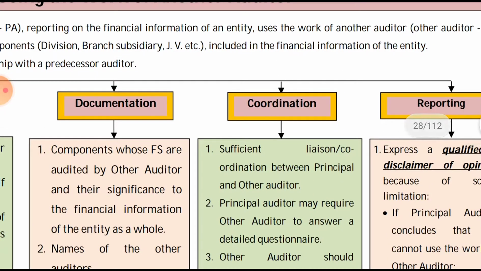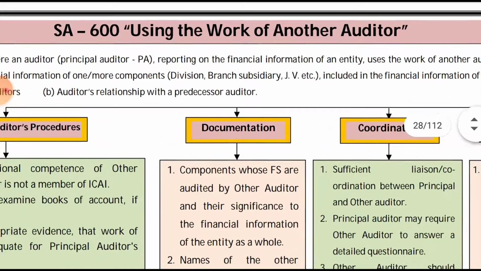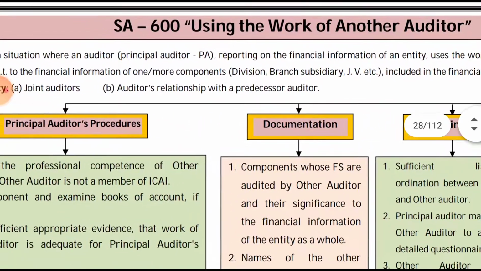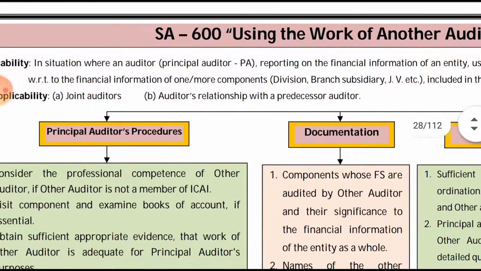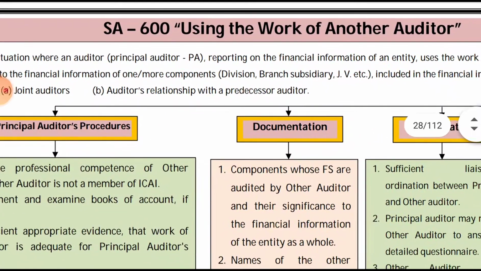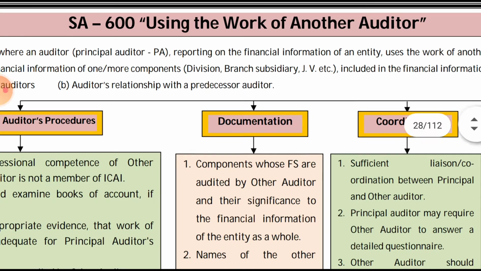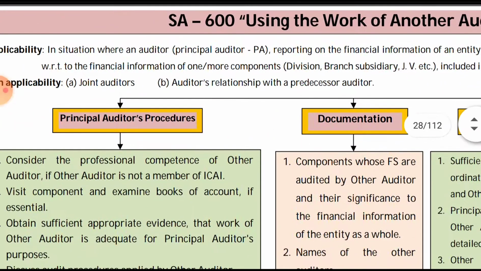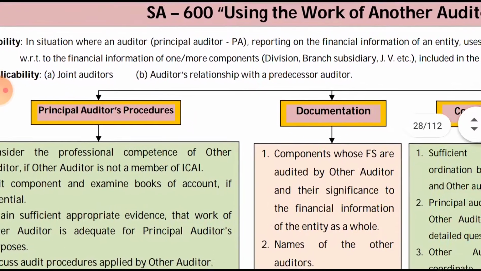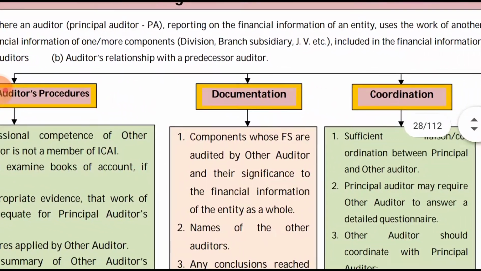So if any of the components, whose financial information will be included in the financial information of the entity, is audited by another auditor, then the applicability of this standard comes.